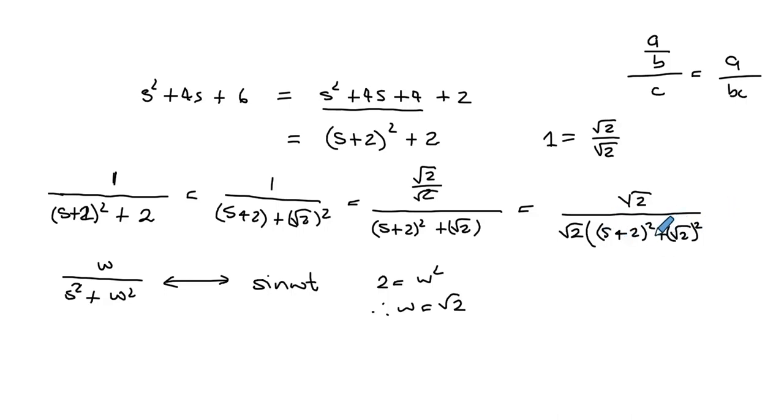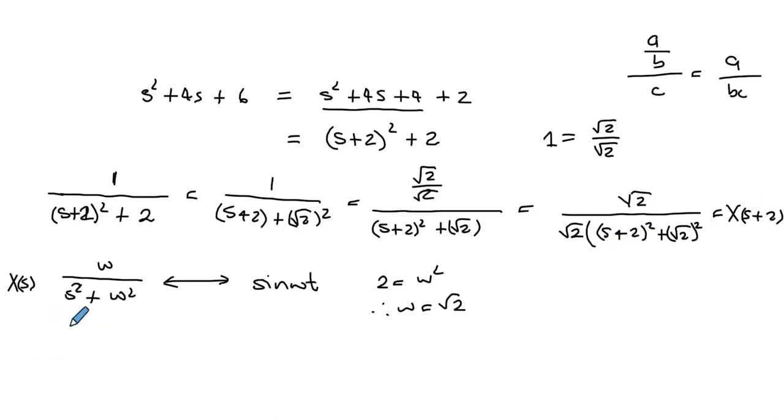Now if we look at this, we've got omega squared and the (s plus 2) squared. So which means here, if this was an X of s, this will be an X of s plus 2. So which means this calls for an exponential shift theorem.